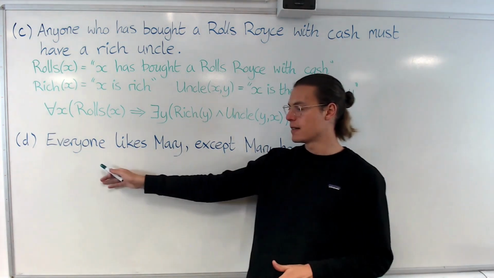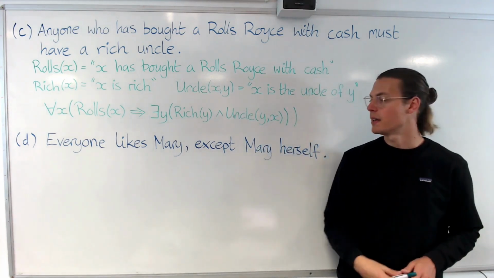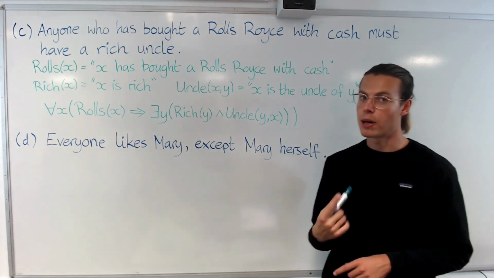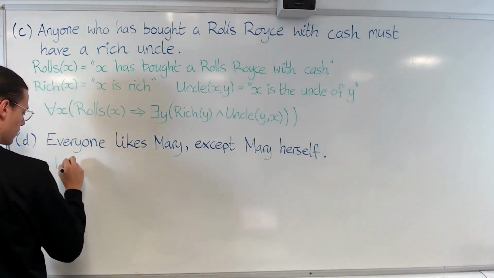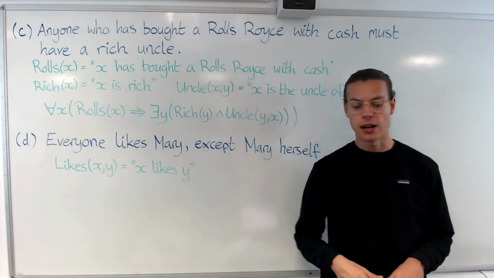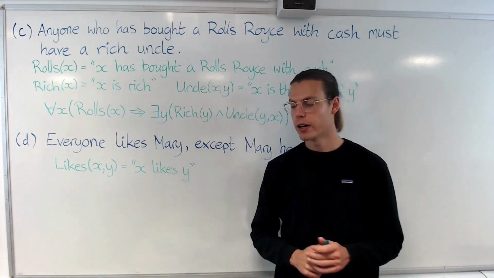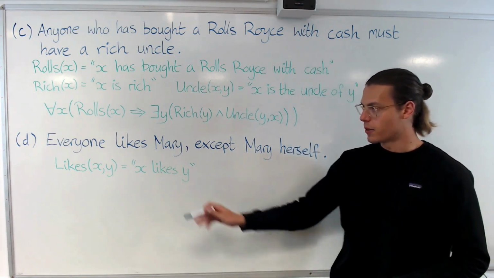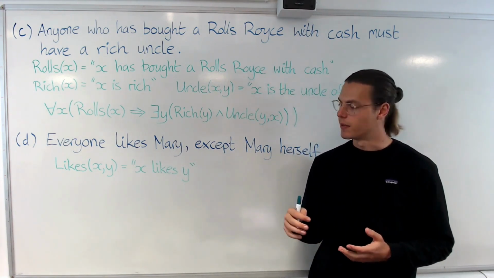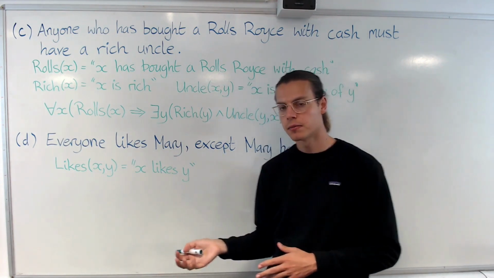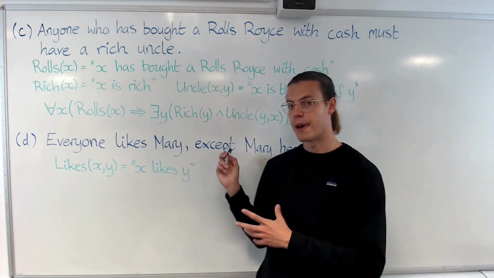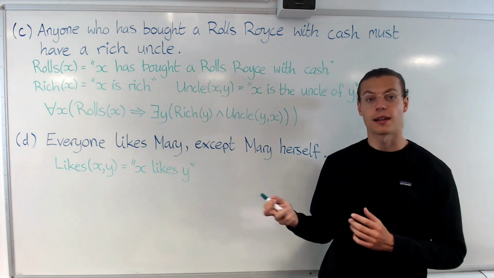Our final statement is everyone likes Mary except Mary herself. For this one, I will define just one predicate. Likes(X, Y) stands for X likes Y. Now we want to say that everyone likes Mary except Mary herself. So for any person X, if X is not Mary, then X likes Mary.